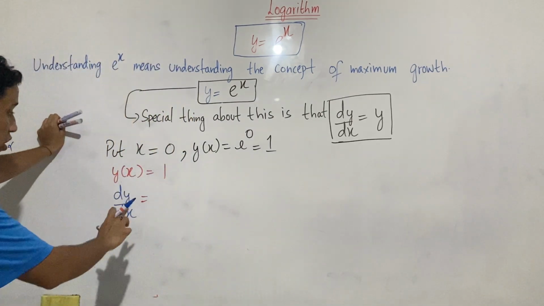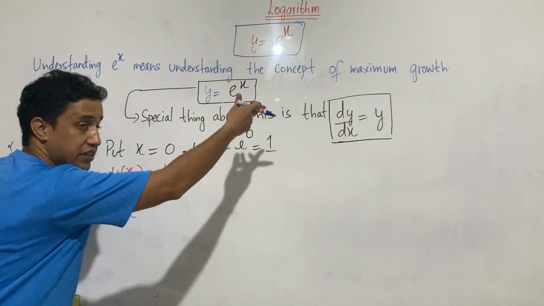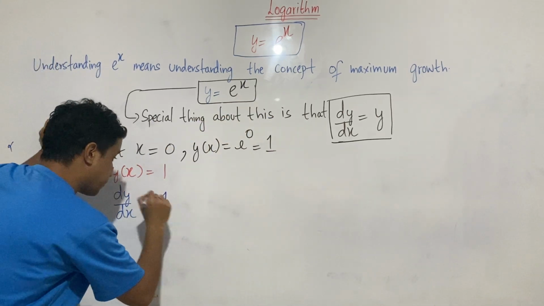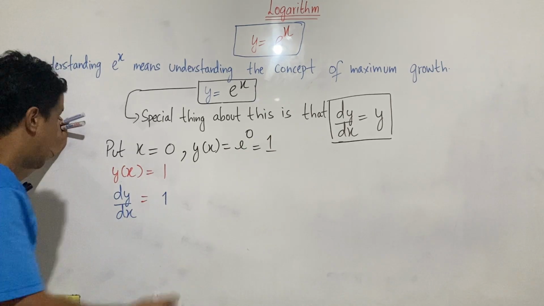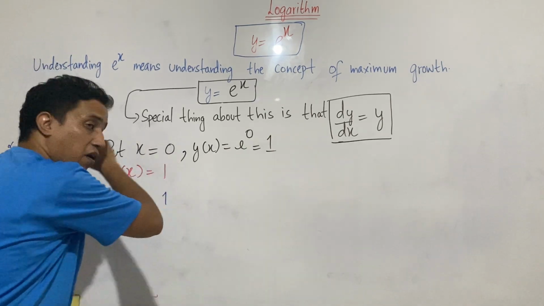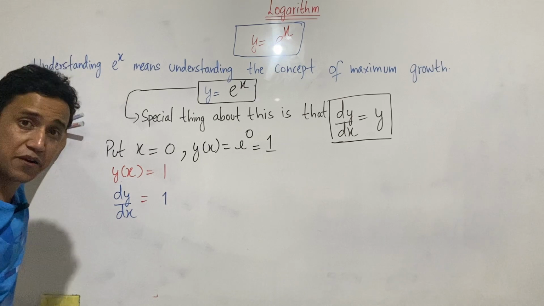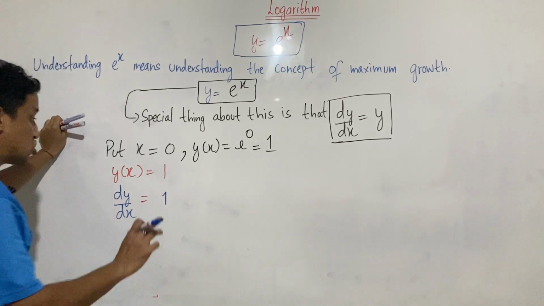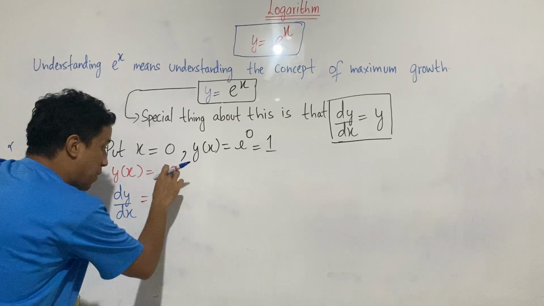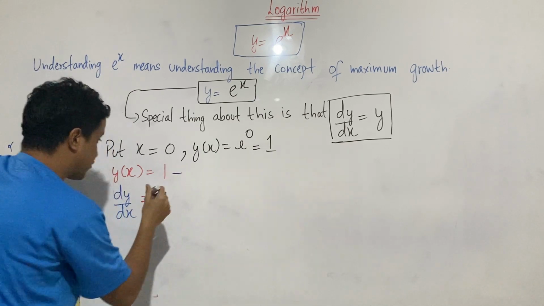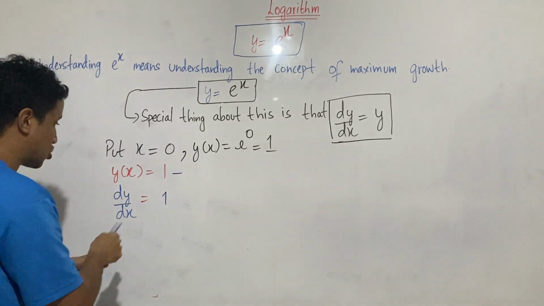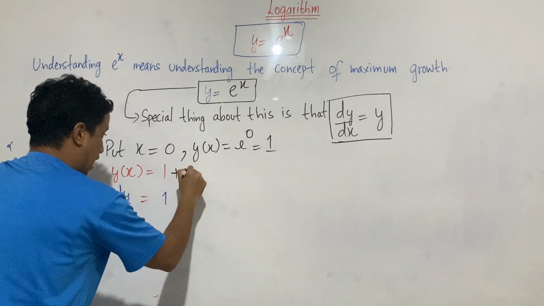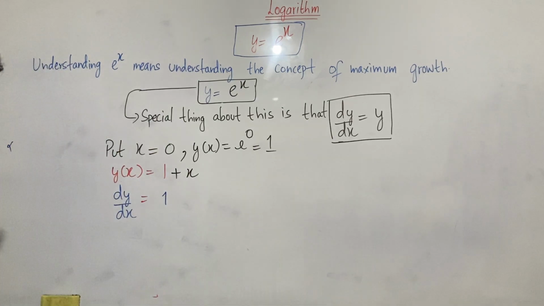Okay, so according to the definition, it must be the same, but this is not the slope of this function. So what I need to do, to make this slope 1, is add x on the top, right?